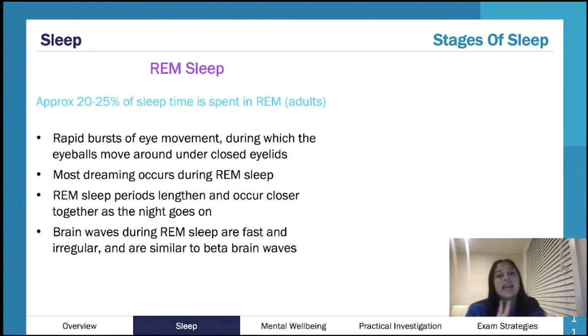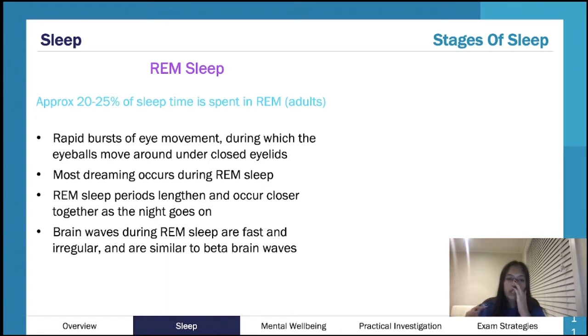With NREM sleep, we can think about certain stages of that as your deeper sleep. REM sleep isn't necessarily light sleep, but it's just what we associate more with dreaming. So dreaming and deep sleep, we don't really think of as being in the same stages. So yeah, those are the main characteristics of REM sleep.